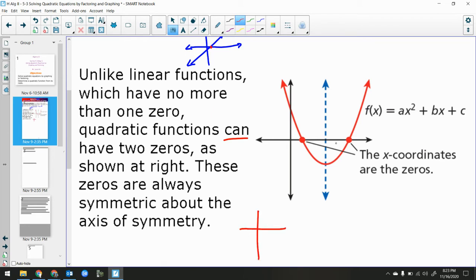It could have two zeros, like the one that you see here. It could have 1 zero if the quadratic bounces off the x-axis, or it could have no zeros at all if the quadratic never even reaches the x-axis. So it can have two zeros, as shown on the right here. These zeros are always symmetric about the axis of symmetry. That's one of the rules about these zeros and the axis. Because they have the same y value, they are equidistant to that axis of symmetry.